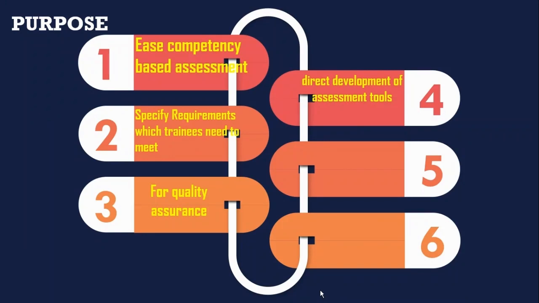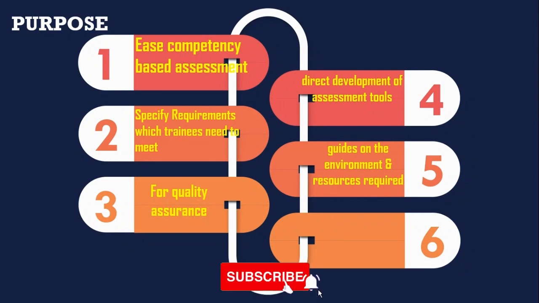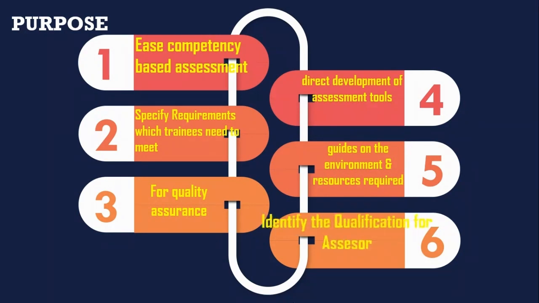The other bit is it guides on the environment and resources required. And again, this is identified in our OS for each unit of competency. What is the environmental context or assessment context? And what are the resources that are required to conduct this type of assessment? And the last bit is it identifies the qualification for the assessor.